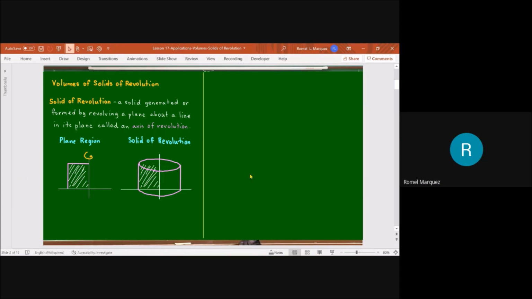What about if you have, let's say, a semicircle? What do you think the solid will be that will be generated once it is revolved about its diameter? So let's say this time I have a semicircle.